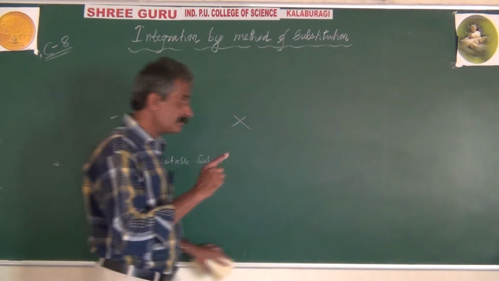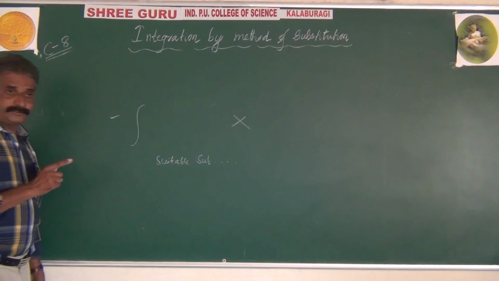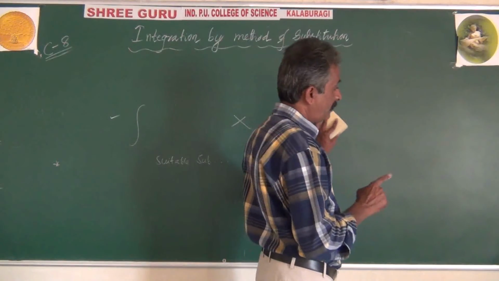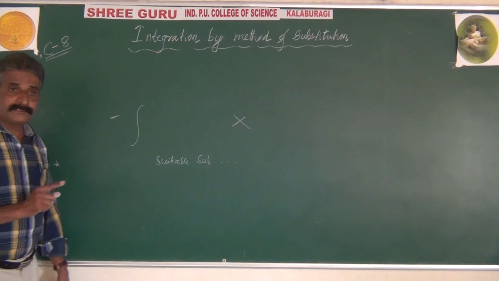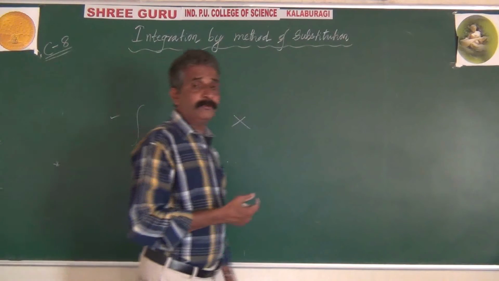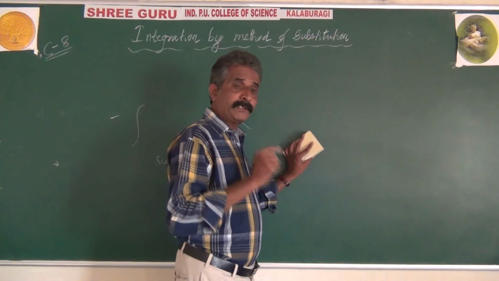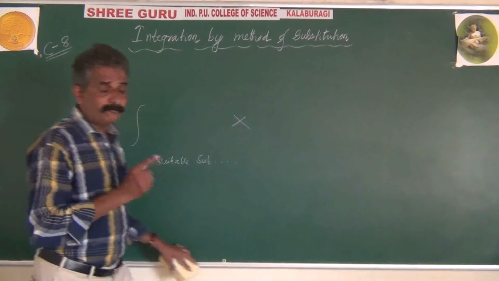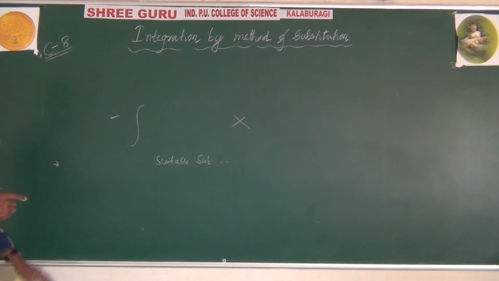For that function, you must choose the substitution. Sometimes there will not be availability of the derivative. In that case, we have to use appropriate steps so that we can get into the format of a function and also the presence of its derivative.